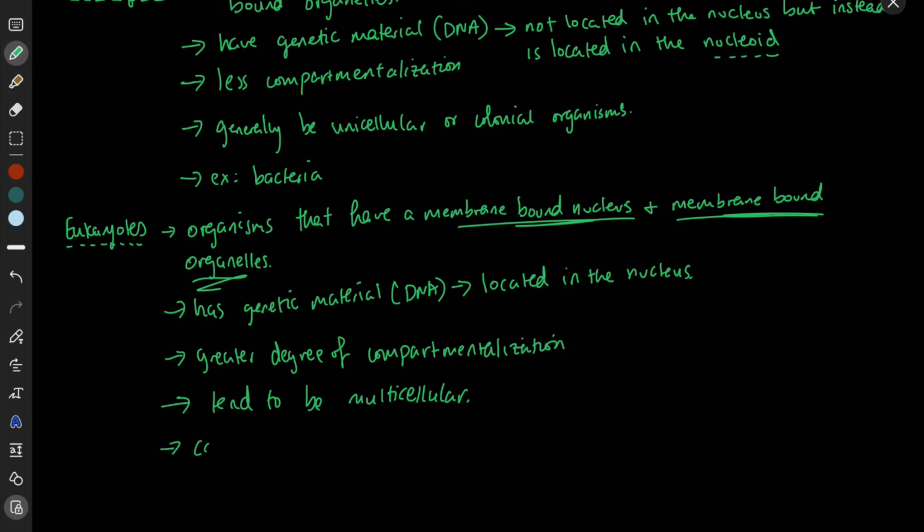Now, of course, there can be exceptions to this general tendency for most eukaryotes to be multicellular, and so you can have unicellular eukaryotes, but generally speaking, they tend to be more so multicellular. An example of a multicellular eukaryote is humans, and an example of a unicellular eukaryote, which is much rarer, is yeast.